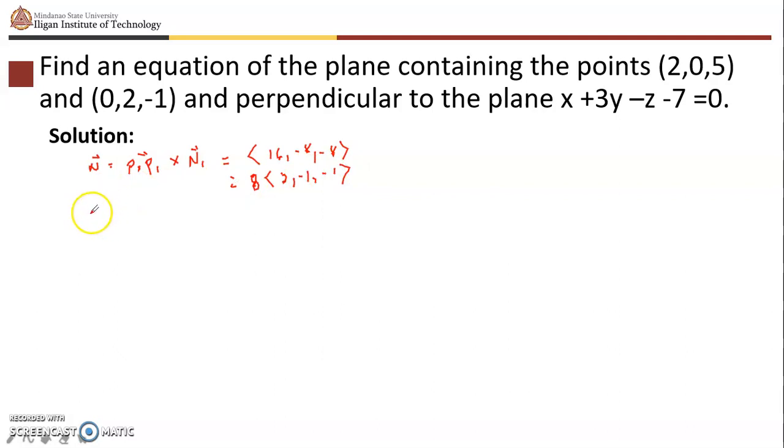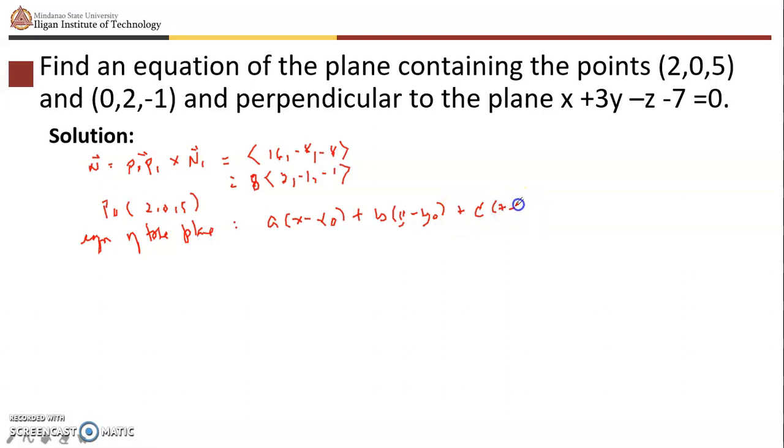And we are given a point p sub 0, 2, 0, 5. So the equation of the plane now is a times x minus x sub 0 plus b times y minus y sub 0 plus c times z minus z sub 0.